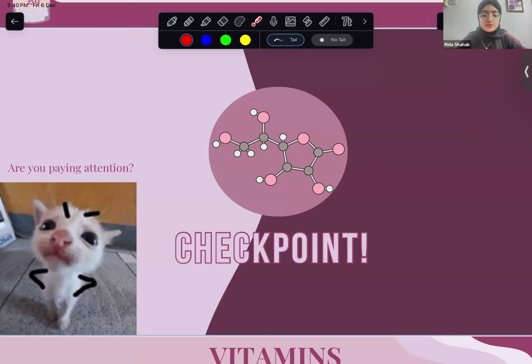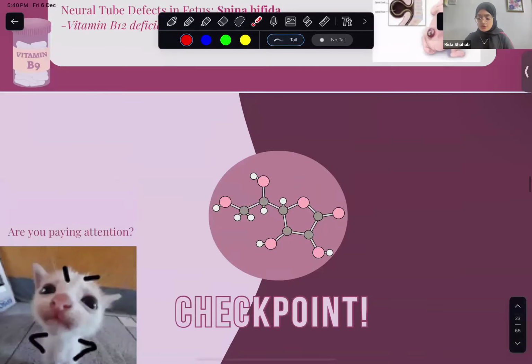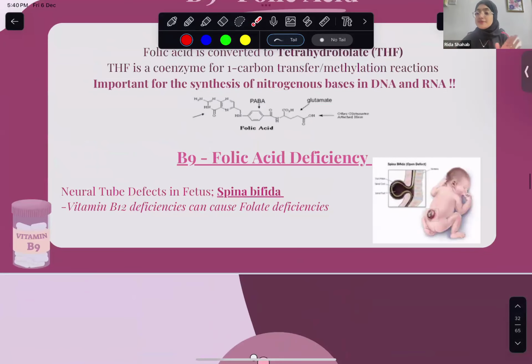There's a question: why do vitamin B12 deficiencies cause B9 deficiencies? Vitamin B12 helps in the synthesis of thymidine, which is one of the bases in DNA, and vitamin B9 helps in the synthesis of DNA and RNA.